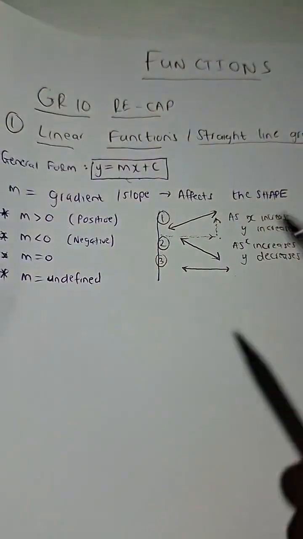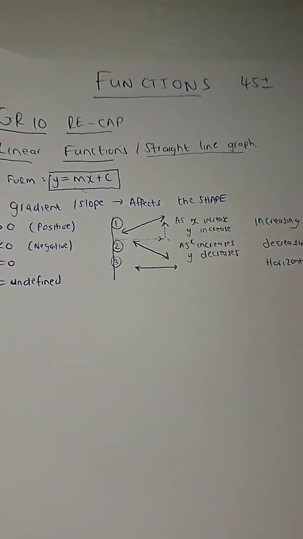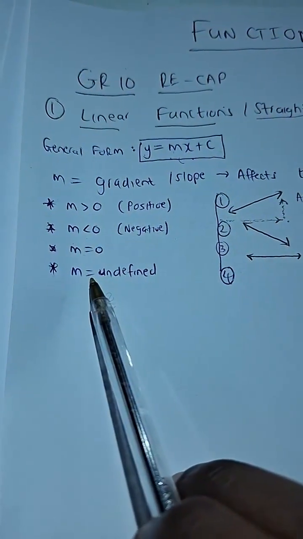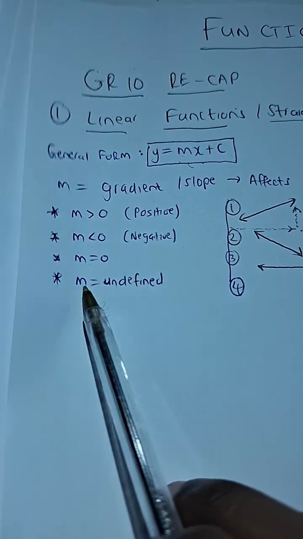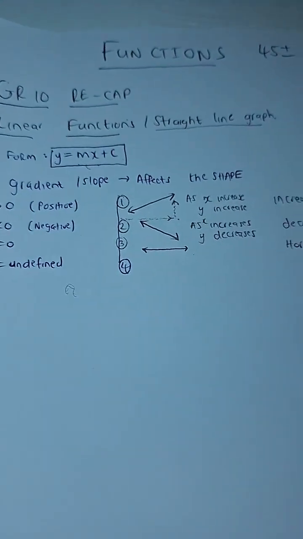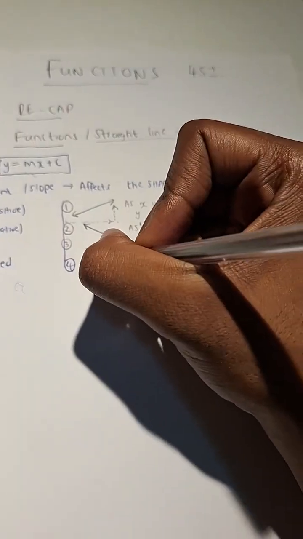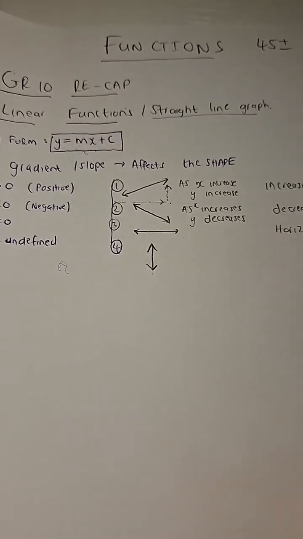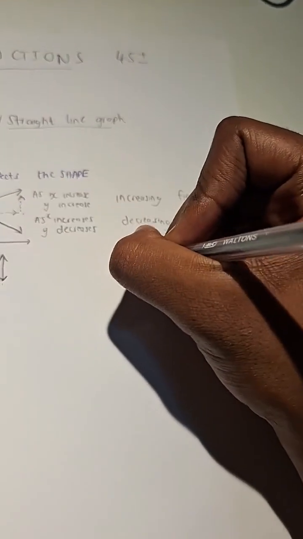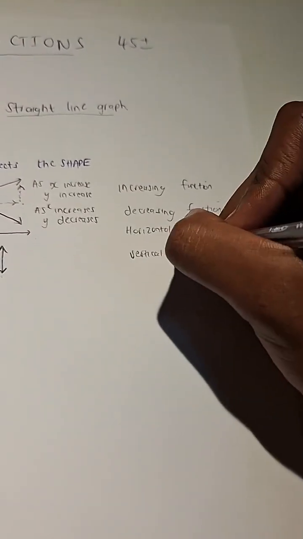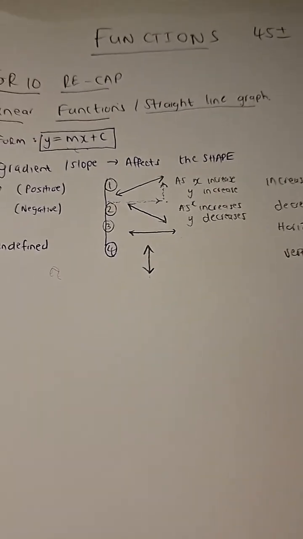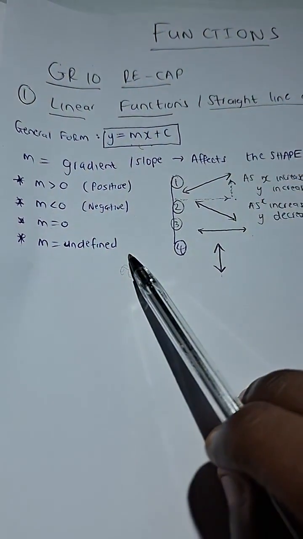Then last but not least, the fourth thing about the gradient and its condition. When m is undefined, when the gradient is undefined, we say that the straight line is vertical. We have a vertical function. And now something very unique, guys, about when m is undefined.